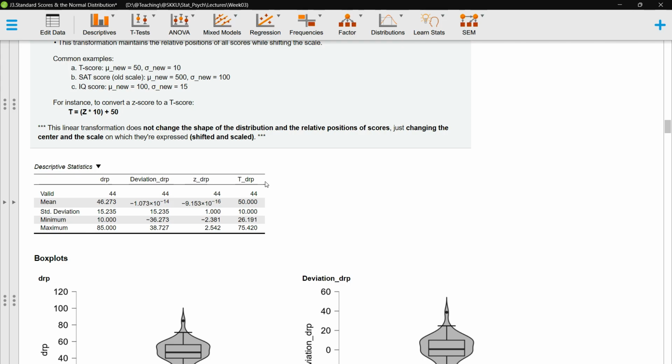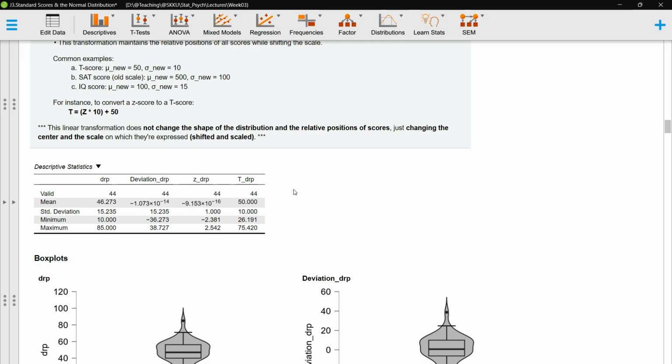But remember, the second one is the deviation score from the first variable, the third one is the standard score of the first variable, and the last one is the T-score for the first variable. All these variables are the same in terms of relative information. Even though we have different values for the mean and the standard deviation for each variable, we have the same relative positions and the shape of the distribution.